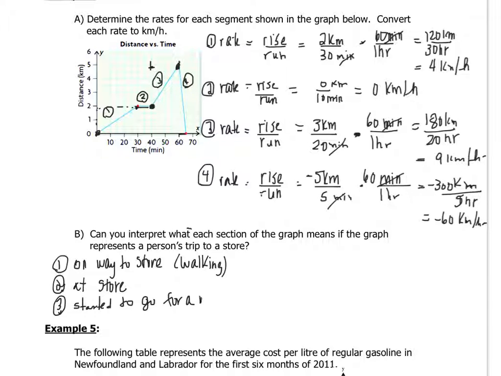It might actually be a jog, because they're going a little bit faster at 9 kilometers per hour, but then suddenly realized they needed to go back home.